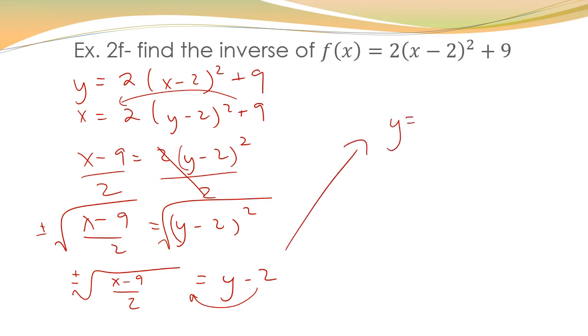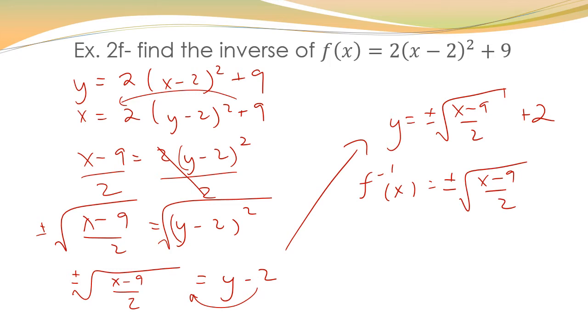So y equals plus or minus the root of x minus 1 over 2, plus 2. Make sure that plus 2 is not inside the square root. It's not supposed to be. And then f inverse of x equals plus or minus the square root of x minus 9 over 2, plus 2.